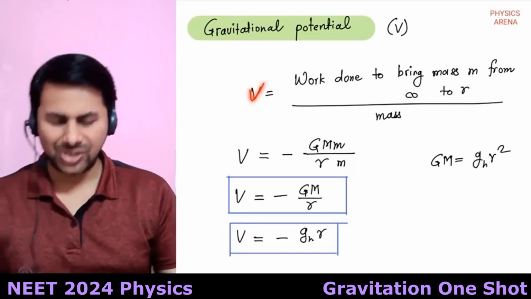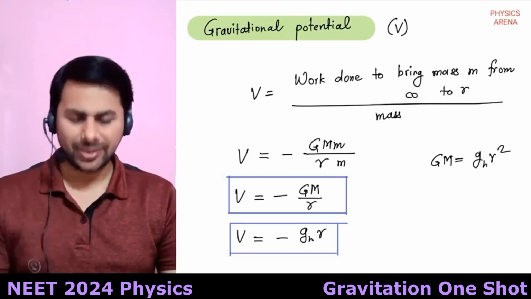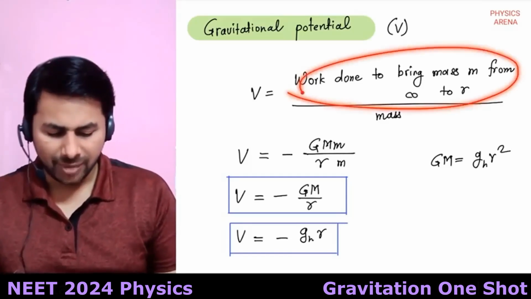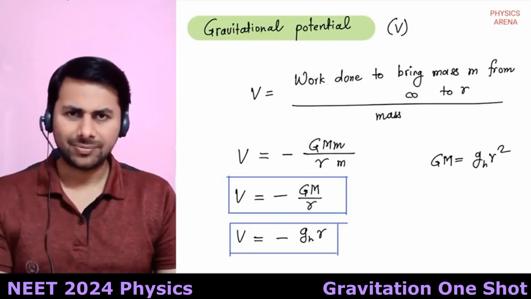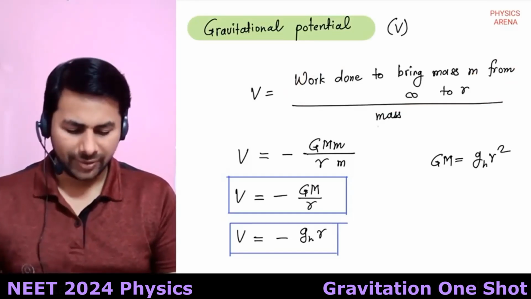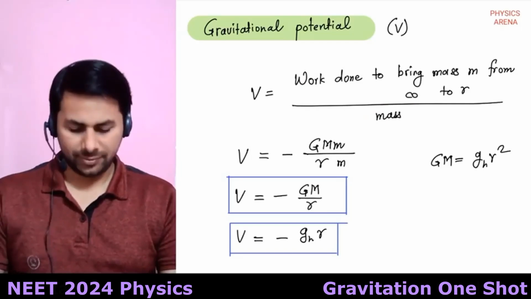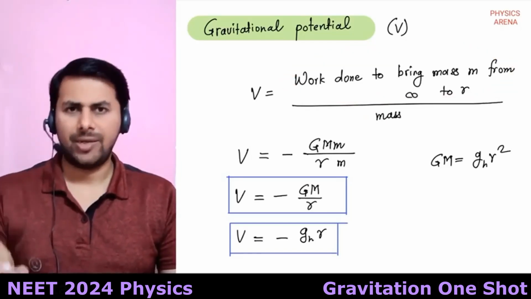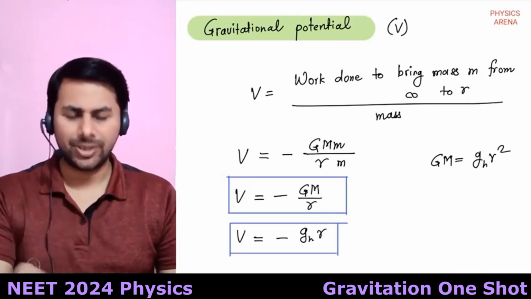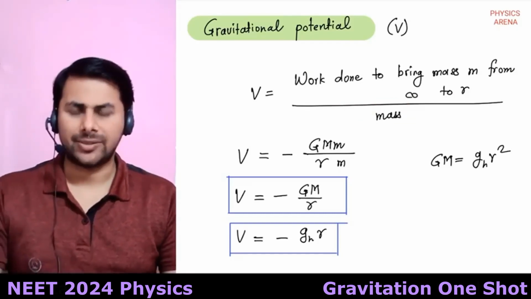So what is the gravitational potential at any point in space? It is the work done to bring a mass m from infinity to that point, divided by that mass.